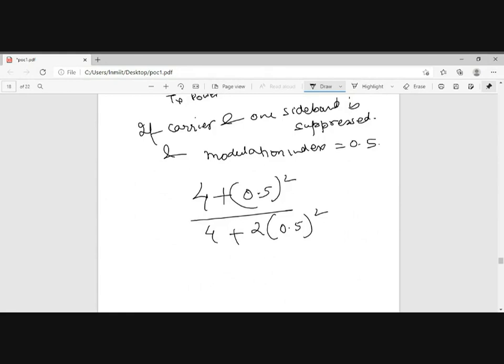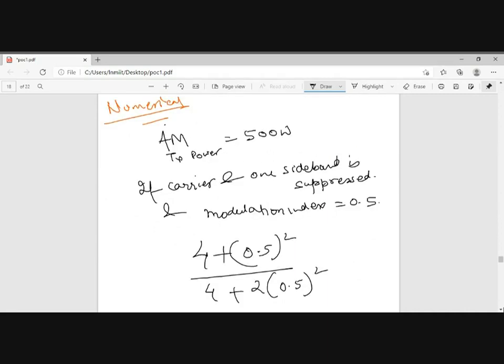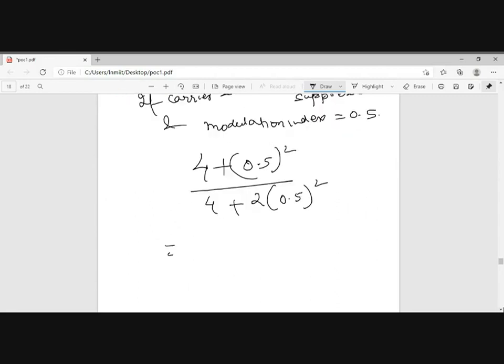And if you want to calculate in watts, you just have to multiply this by the transmitted power. Whatever the AM power was, 500 watts, right? So suppose the answer is 94.5%.